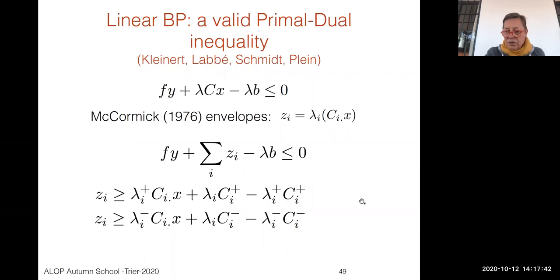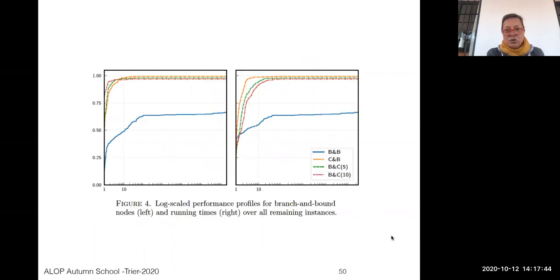We have finished this recently, and just to show you, here you have an illustration of the impact of those constraints. So these are performance profiles of branch and bound. The performance profile is the following.